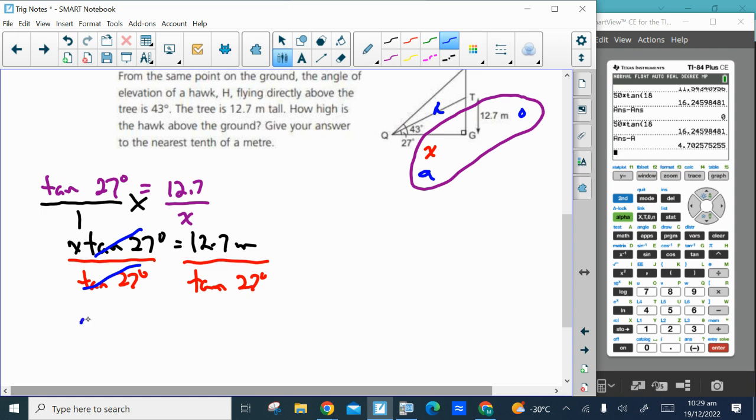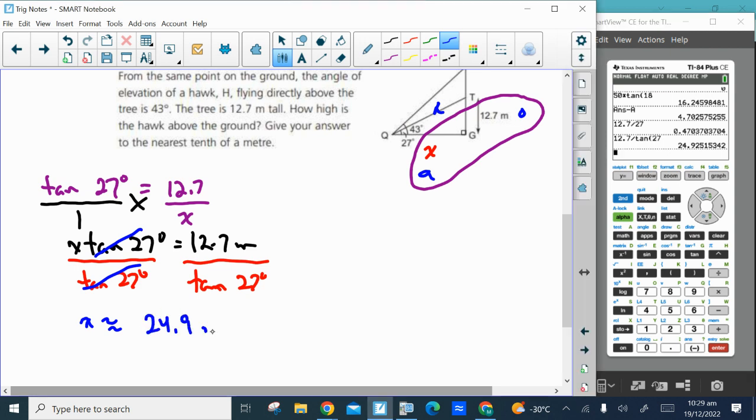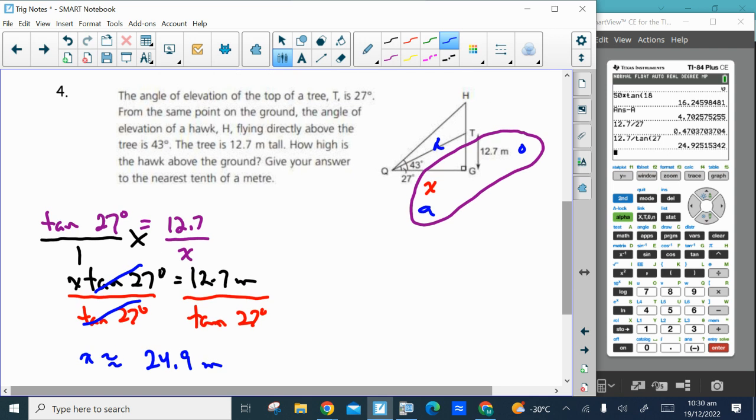So that'll give me X by itself. 12.7 divided by the tan of 27. I forgot to put the tangent of 27. Is 24.9 approximately meters. So that is X, the base of the small triangle, which is also the base of the larger triangle.